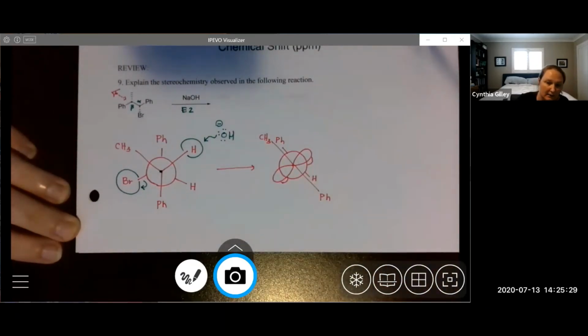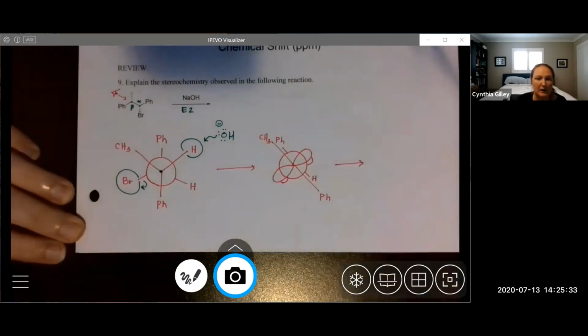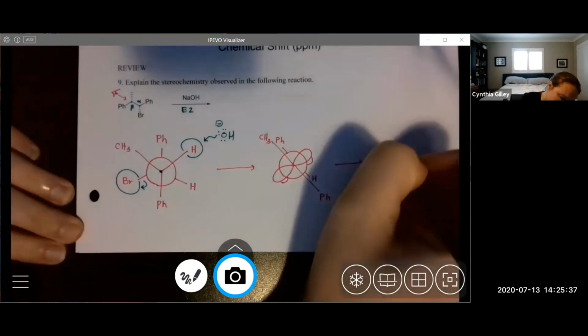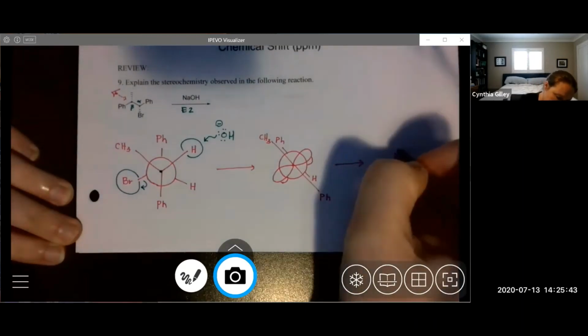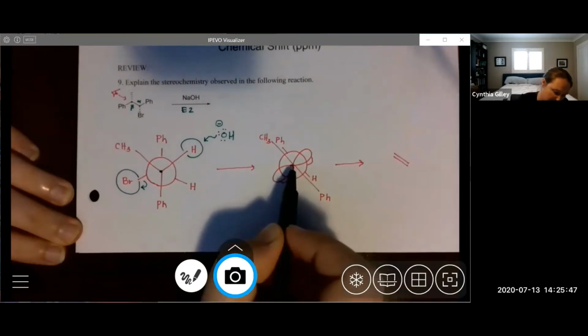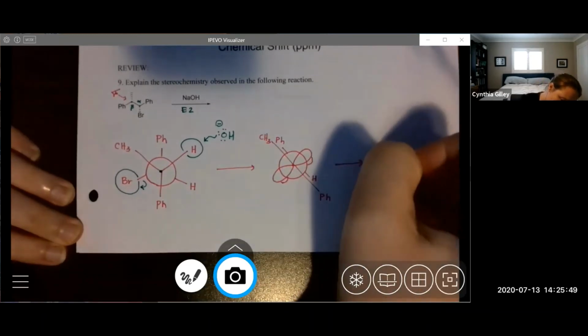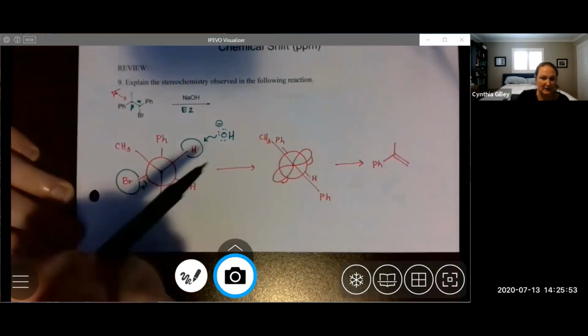So drawn in a bond line structure, you might see the double bond between the two carbons, and then there are some different groups attached. On the back carbon, there's phenyl and methyl. You can draw those in. And then we just need to be careful with what's on the same side, right?